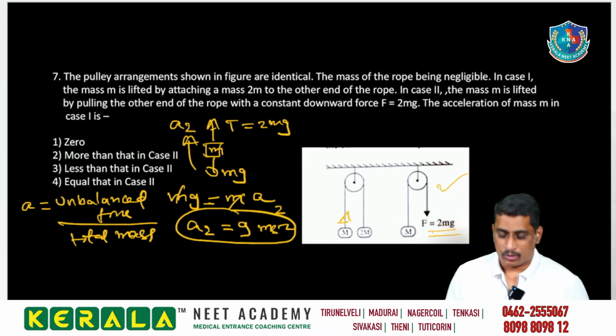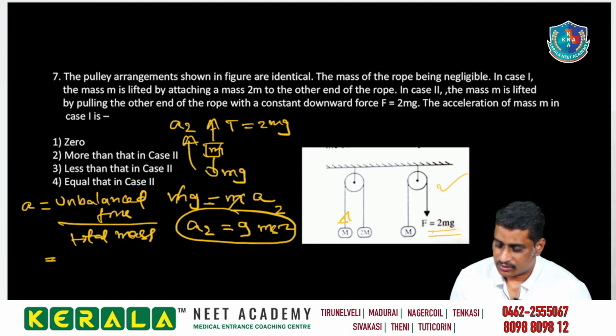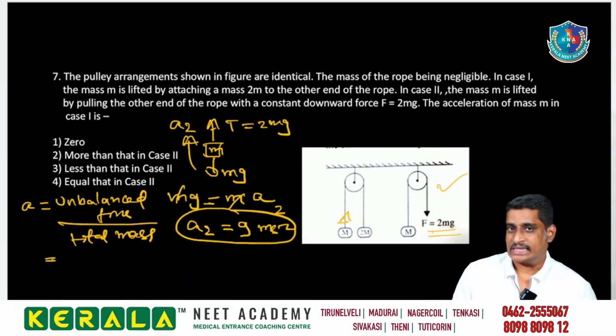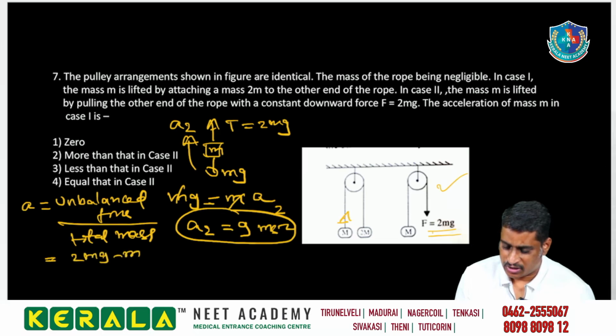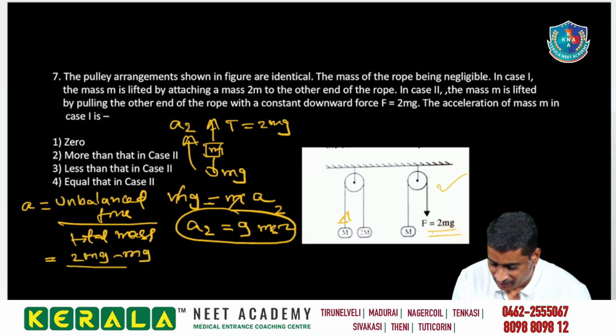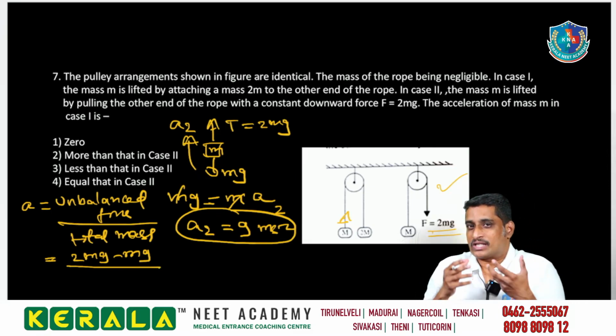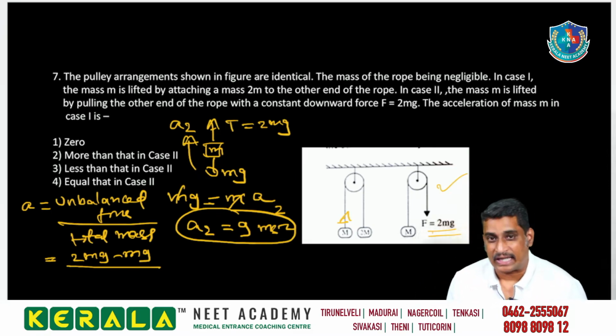In this case, the total unbalanced force means weight of 2 mg block minus weight of mg block. So this will be 2 mg minus mg divided by, in this particular example, the total amount of mass which is to be pulled, which is nothing but 3m.